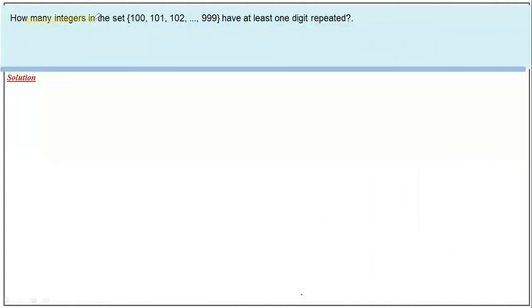How many integers in the set 100, 101 up to 999 have at least one digit repeated? Now from 100 to 999 there are 900 numbers.